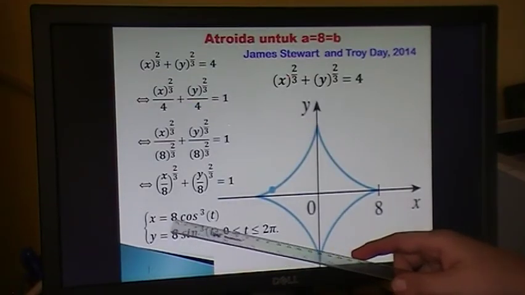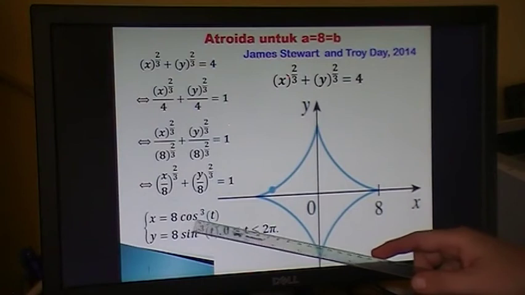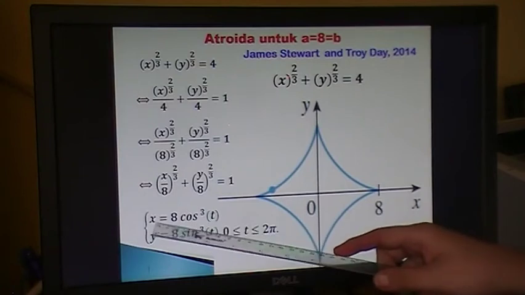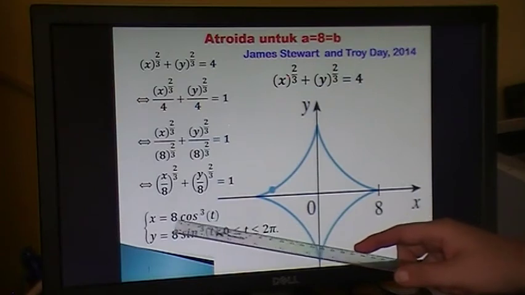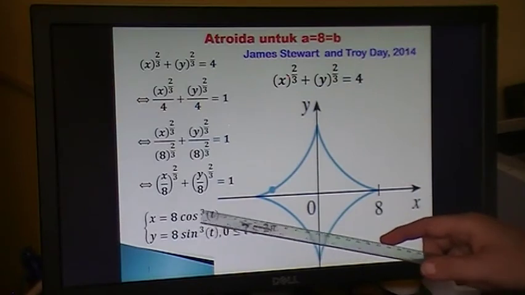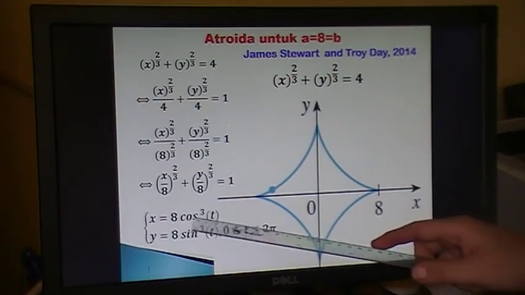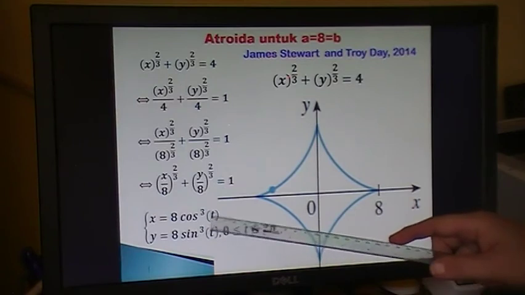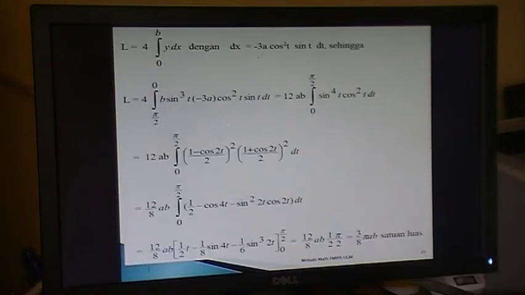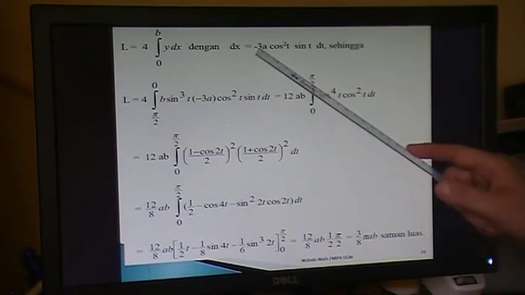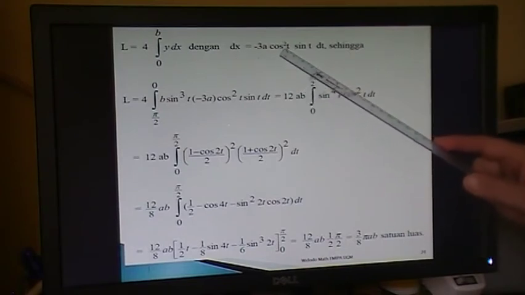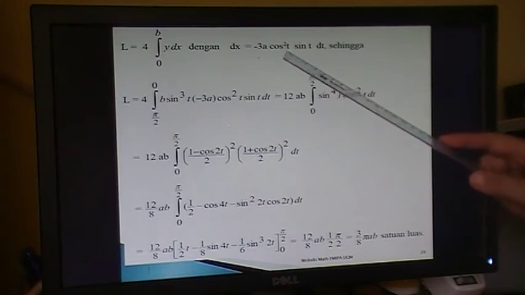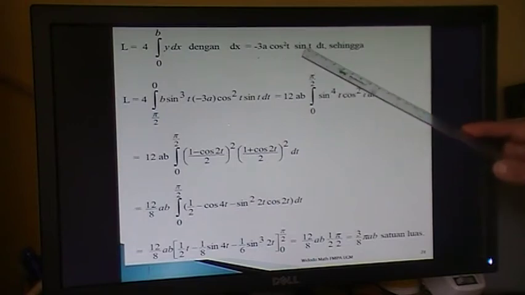Because x is 8 times cos t to the power of 3, then dx is equal to 3 times 8 cos t to the power of 2 times the derivative of cos, that is minus sin t. So altogether, dx is minus 3 cos squared t times sin t.